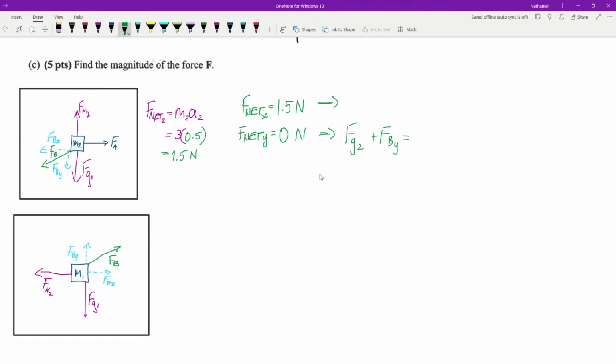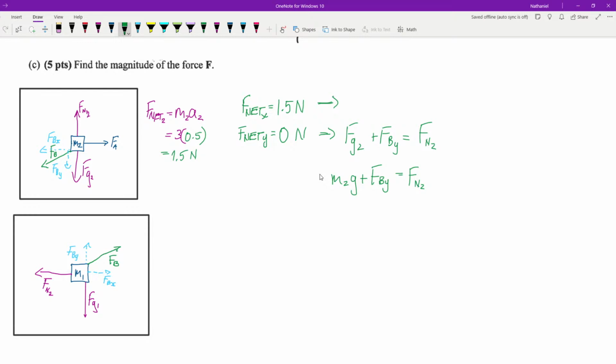Those two are in the same direction, and that's equal to Fn2. Okay, so then M2G plus Fby we don't know. Fn2, we don't really know that either, actually.